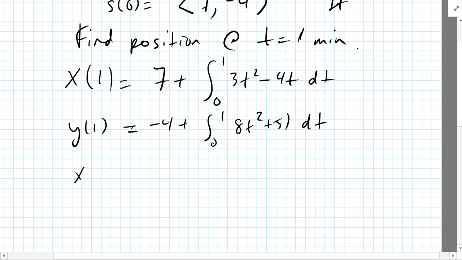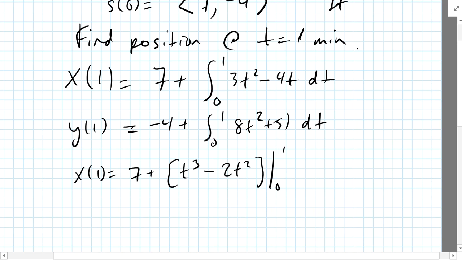So for my x of 1 is equal to 7 plus the antiderivative for that, which is t cubed divided by 3, so it's going to be t cubed, sorry, not plus, minus, and 4t, that's t squared over 2, so it's 2t squared. Evaluating from 0 to 1.